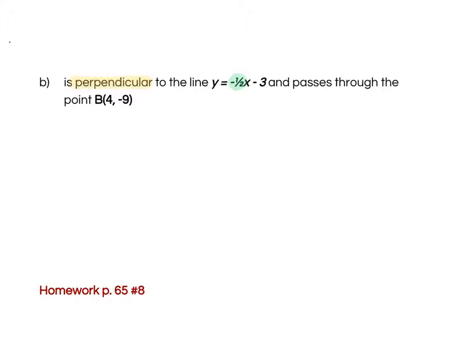Okay, so let's go about working that out, right? So if the slope of my first line is -1/2, I'm going to symbolize the slope of my perpendicular line. I didn't really draw that very well. Let me do that again.